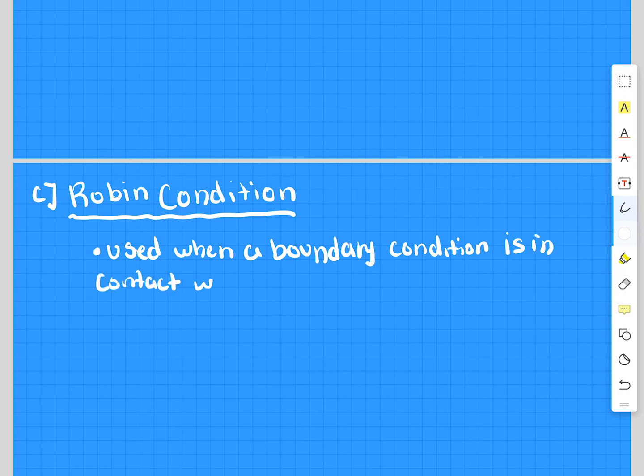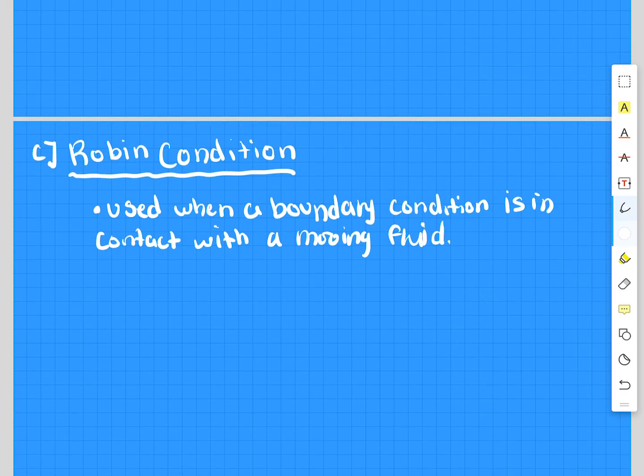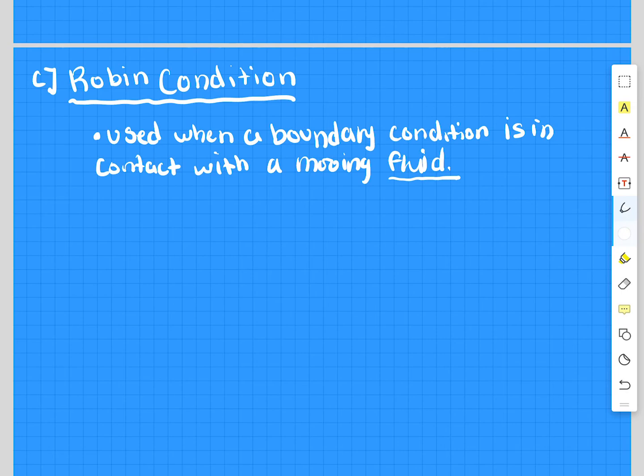And again, that fluid could be water, air, whatever that condition requires. This is also known as convection.